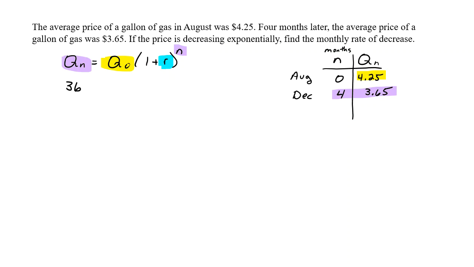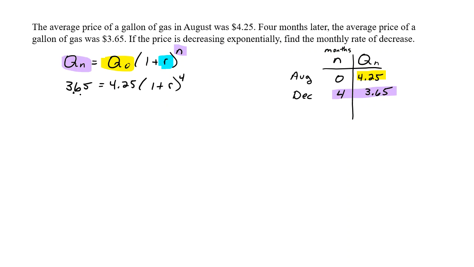So 3.65 equals 4.25 times 1 plus R, what we're trying to find, to the 4th, because the 4 goes with 3.65. So what this is saying is my price started at $4.25. It got affected by some rate increase. This is our multiplier over a 4-month period, and then the price was $3.65.